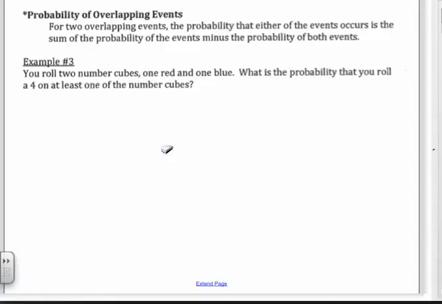Miles? 1 out of 6. Okay. And what's the probability that I'm going to roll a 4 on the second cube? Nicholas? 1 out of 6. Okay? So I need to add those together, and that's going to give me 2 out of 6. But wait a minute.